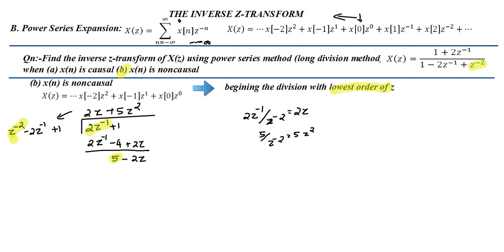Again I need to multiply with the term, so it becomes 5 minus 10z plus 5z square. If you subtract these two terms, you will get 8z minus 5z square.